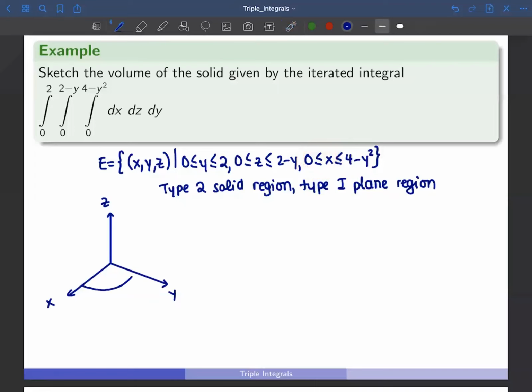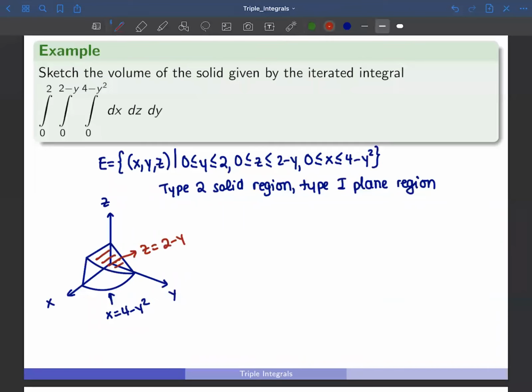We have the cylindrical surface x equals 4 minus y squared that is bounded by the xz, yz, and xy planes, and it is intercepted by the plane z equals 2 minus y.